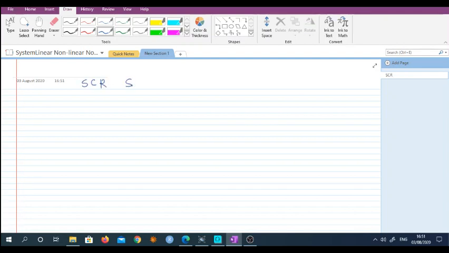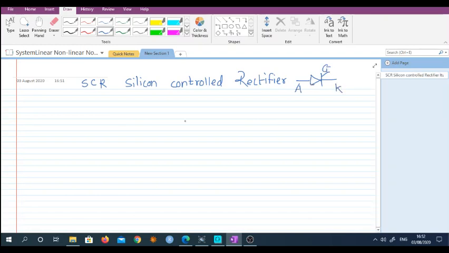SCR is a silicon controlled rectifier. Its symbol is something like this. This terminal is called the anode, this terminal is the cathode, and this is the gate terminal. So when proper gate pulses are applied, then and only then is the device turned on.